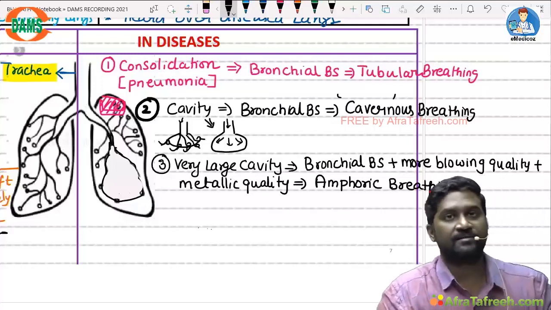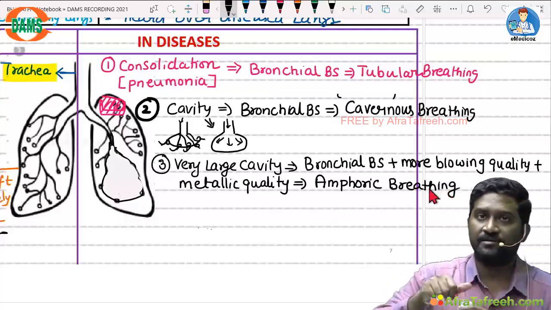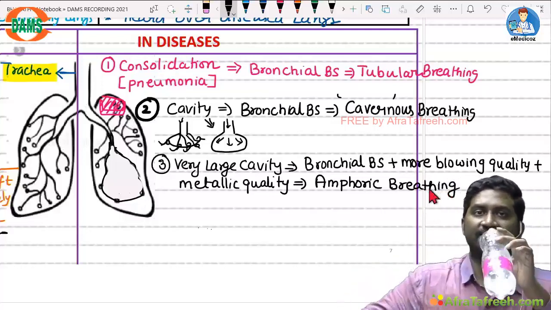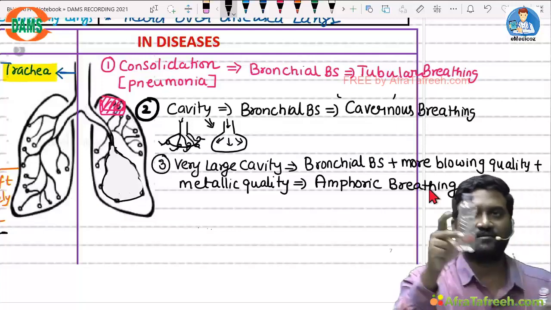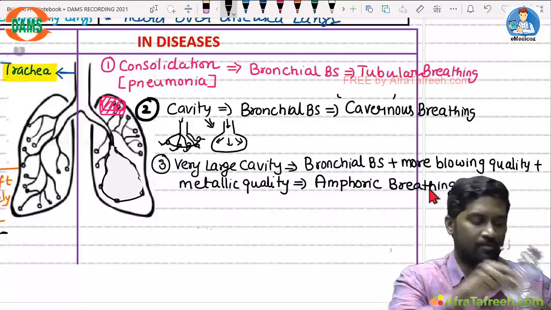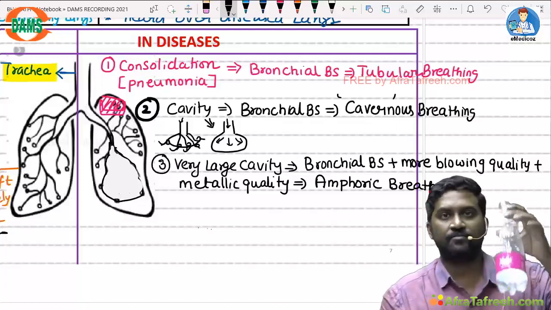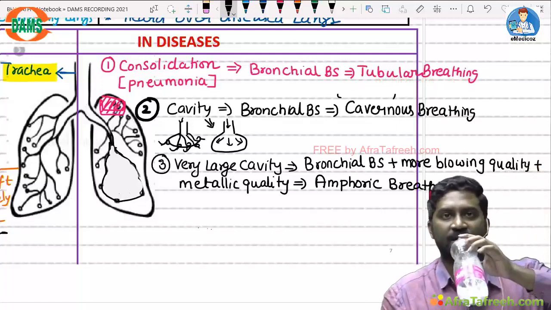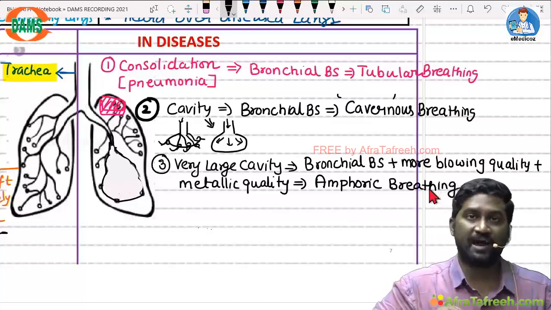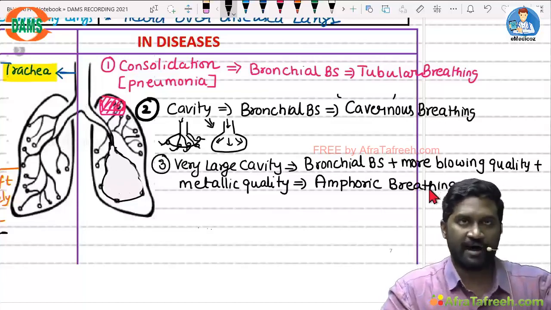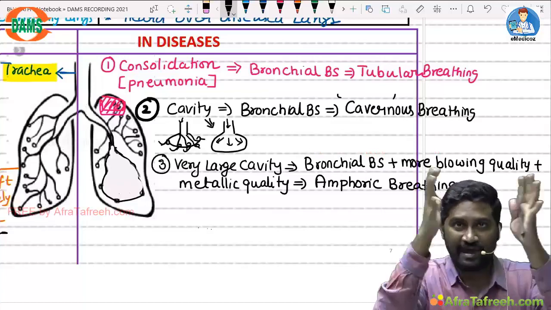Now how will this sound appear? It is similar to blowing into a large jar or bottle. See, bronchial breath sound in a cavity is equivalent to blowing into a small bottle. This is equivalent to blowing into a big bottle or a jar. You will have some metallic quality also. Actually amphora means a jar.